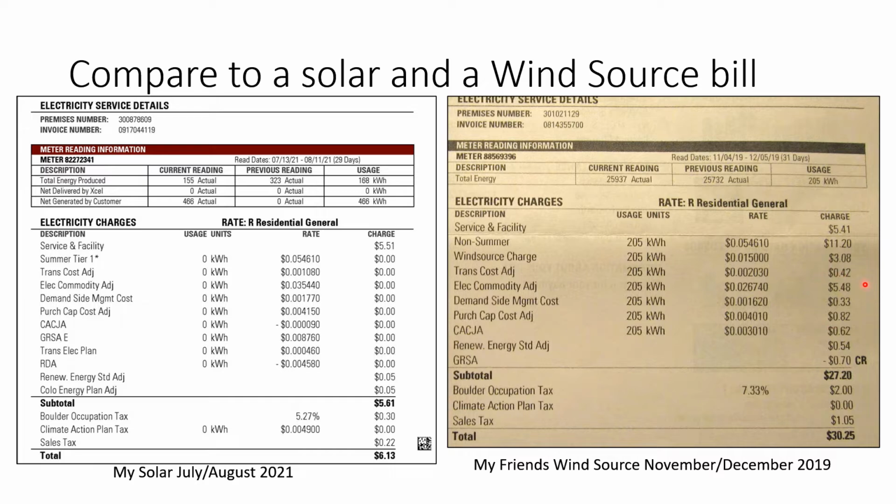He also has these additional charges. He does get this credit. Here's his subtotal. Now note that in 2019, the Boulder occupation tax was 7.33%, and I'll explain that later. His Climate Action Plan tax is 0 and would have been about $1. And because he's paying $3 but saves $1, his real cost for 100% renewables is about $2 a month.